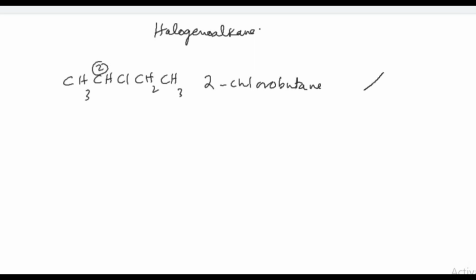And if you want to draw the skeletal formula, this is butane. So here you will have to increase the length, and you can represent like this. This is 2-chlorobutane. Now we can add more than one chlorine as well. If we add one chlorine here and another chlorine, so this is 2,2-dichlorobutane.